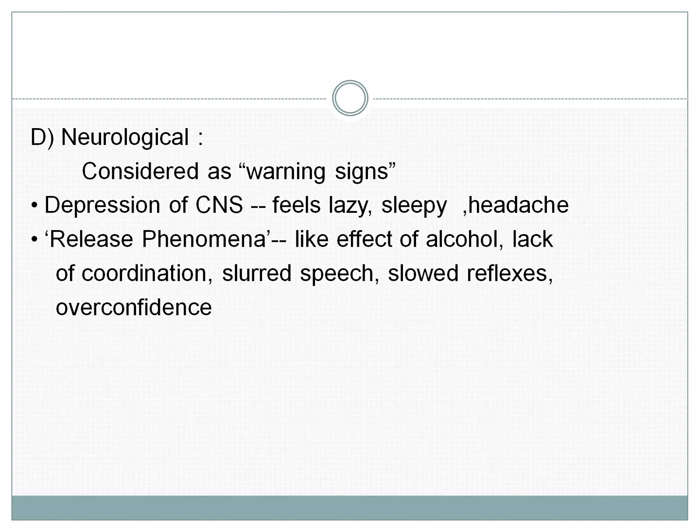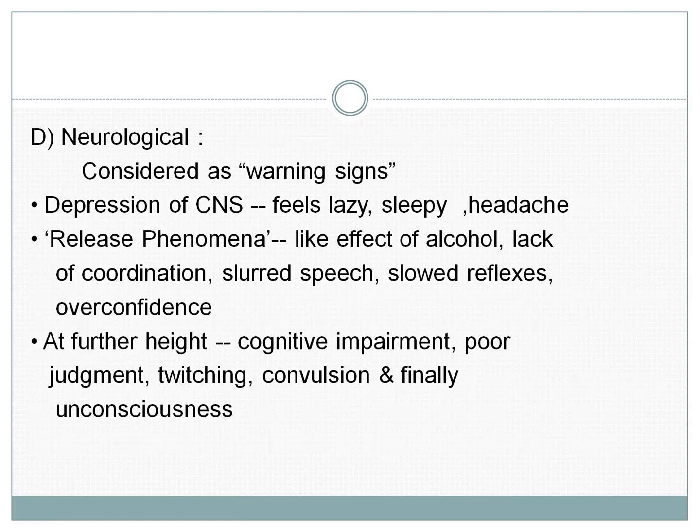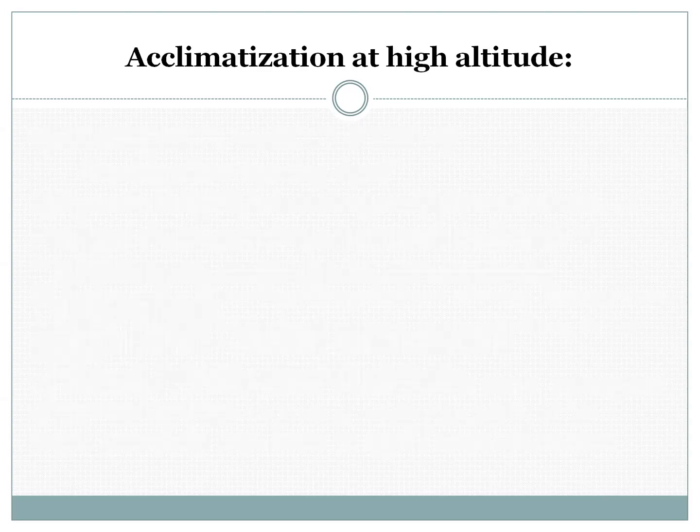So if a mountaineer is showing all these neurological signs, they should be considered warning signs. At further heights, there will be cognitive impairment and poor judgment. So the person will not be able to take any decision. Muscle twitching is seen. There are convulsions many times, and finally it will lead to unconsciousness.